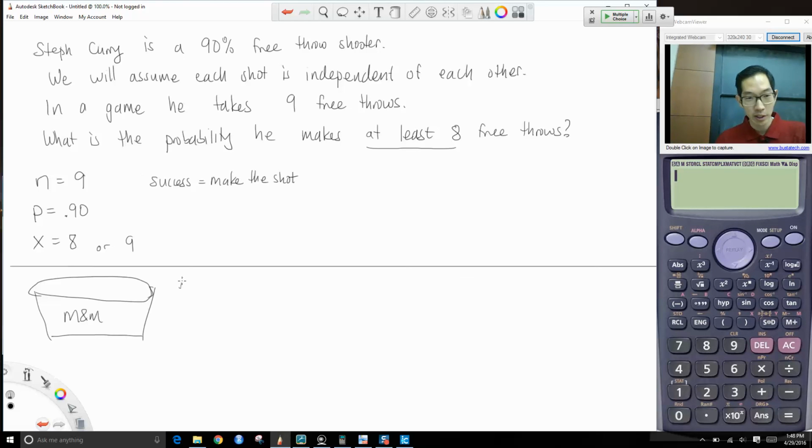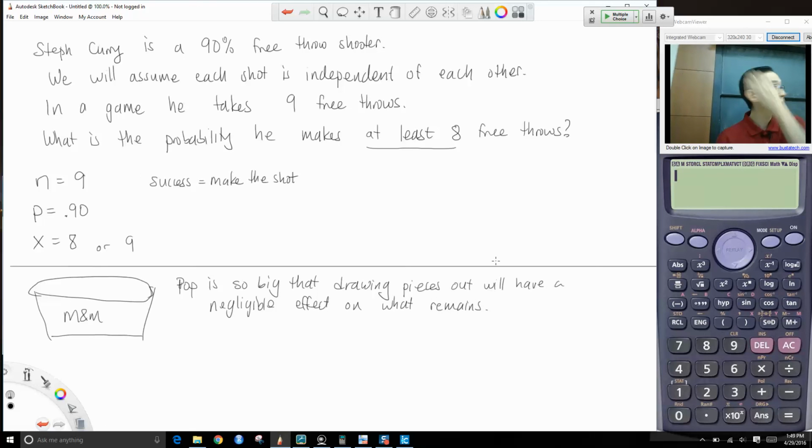So we'll say our population is so big that drawing pieces out will have a negligible effect on what remains. And then we could say in this giant bucket, 15% of the pieces are red.